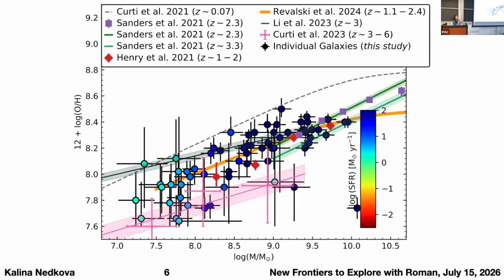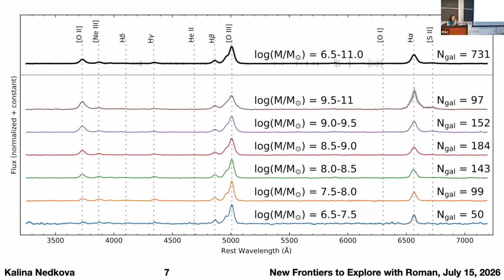But if we want to understand these galaxies as an ensemble, we need to stack them so we can understand how galaxies of different masses evolve on this relation. So that's what we did. At the very top, you can see our full sample of 731 galaxies. And then going down, we're going down in stellar mass.